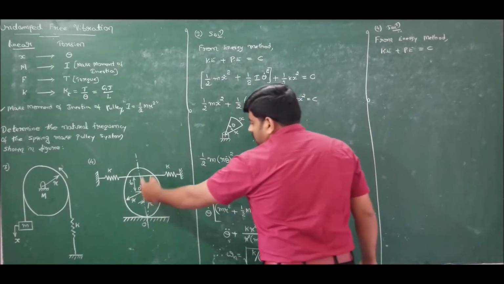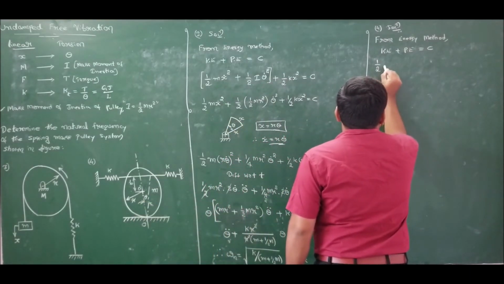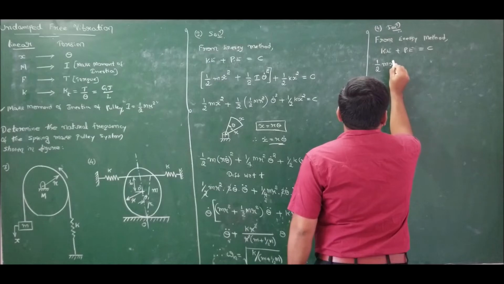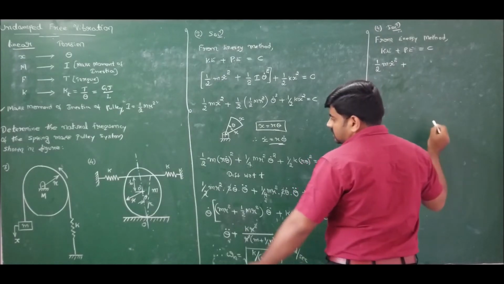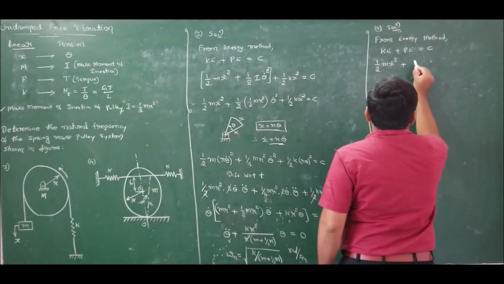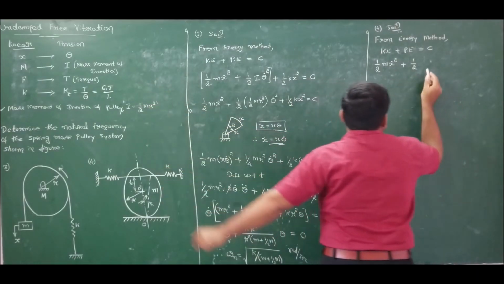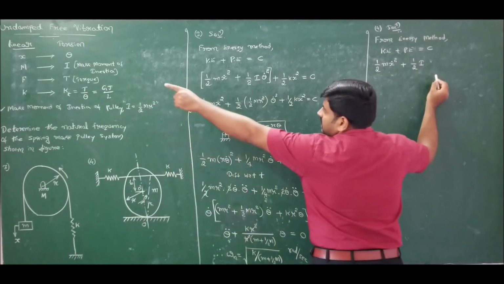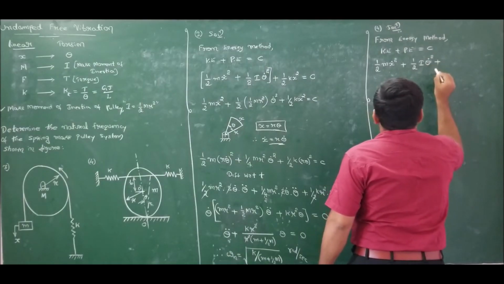If it rolls over the surface, the linear part is half m v square, plus, since it is also subjected to torsion, half I theta dot square, replacing m with I and x with theta.